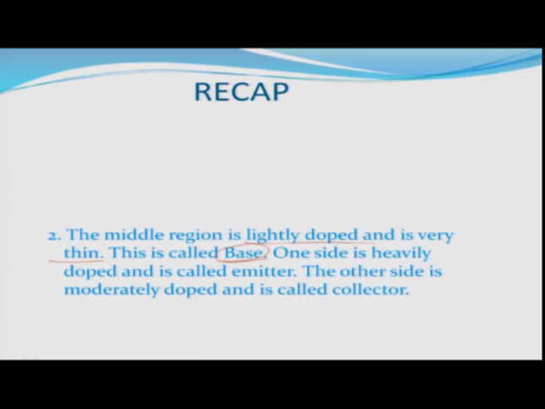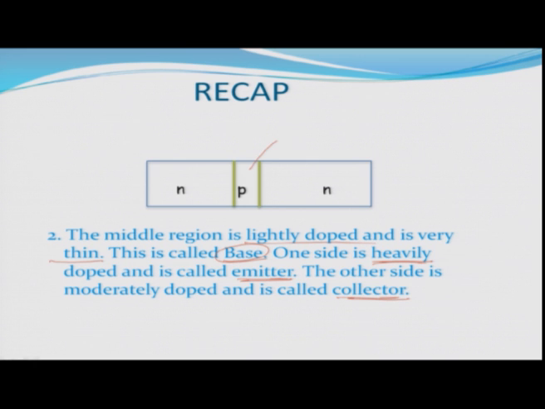One side of that base is heavily doped, which we called emitter, and the other side is moderately doped, and that is called collector. So, this is base, this portion which is sandwiched between the two parts, this is collector and this is emitter.